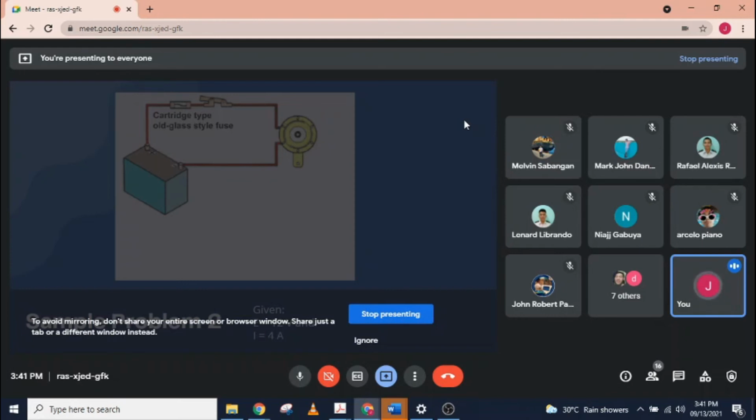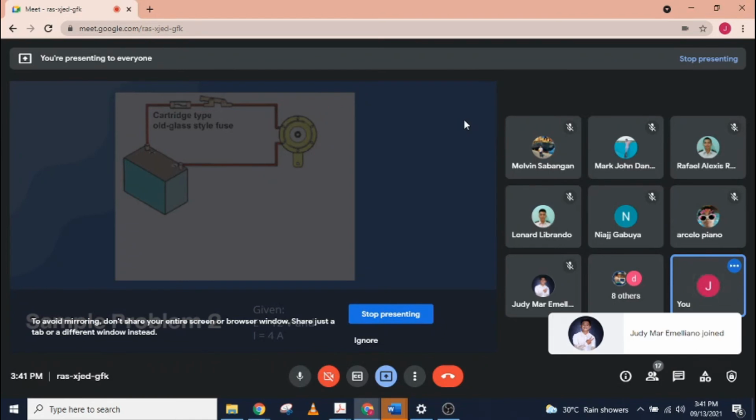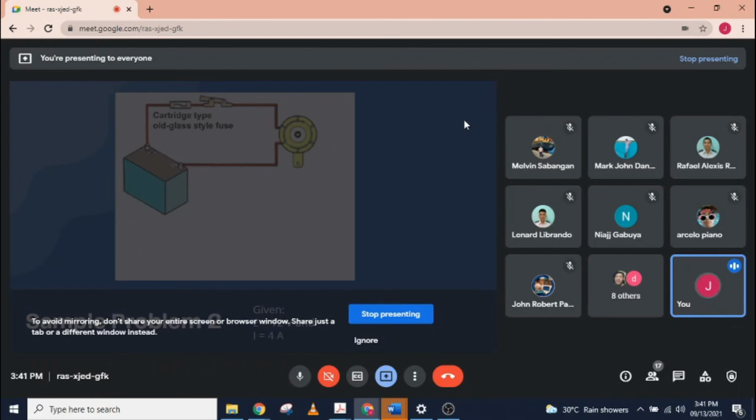So that's actually correct. Now, before we proceed, anong instrument kaya yung ginamit niya, class, to know the current flowing through this circuit? Kasi sabi niya 4 amperes daw yung current. Based on our lesson on tools, ano kayang instrument yung ginamit to measure the current?